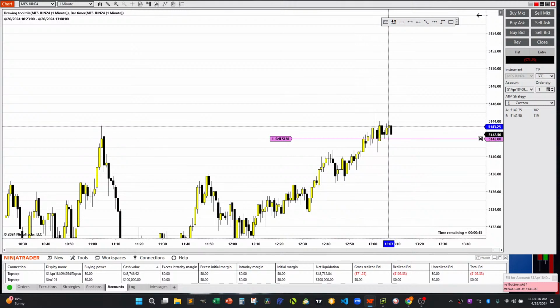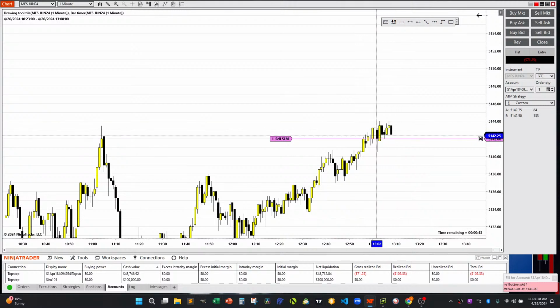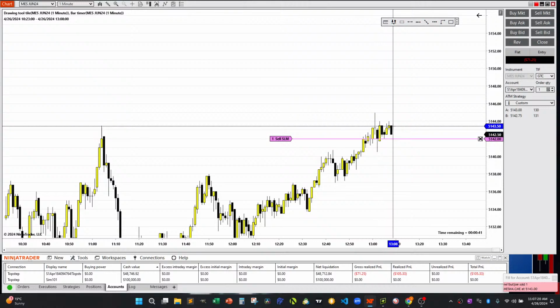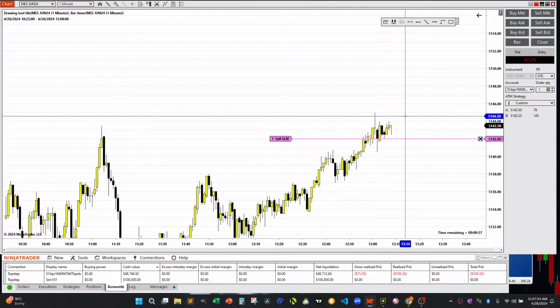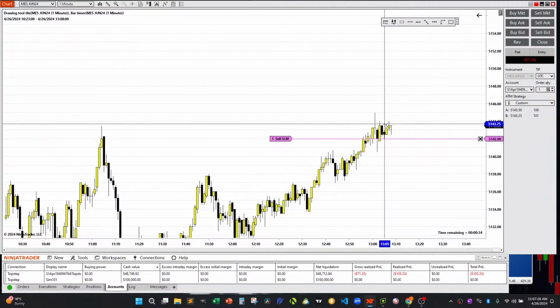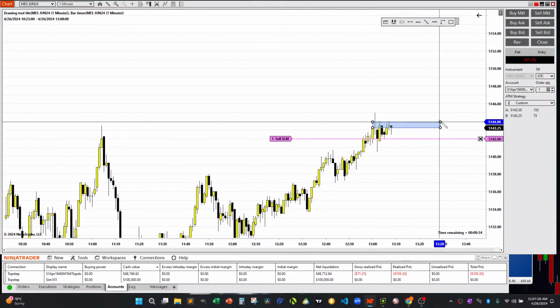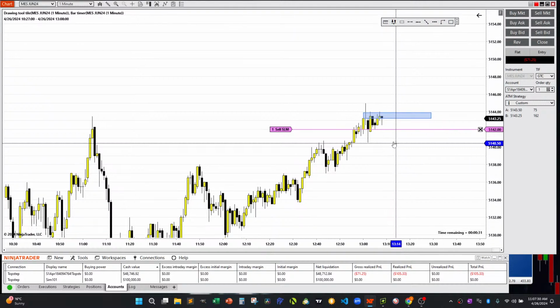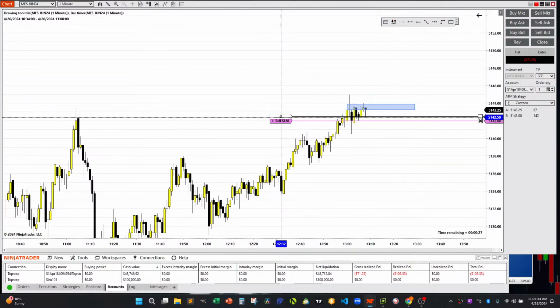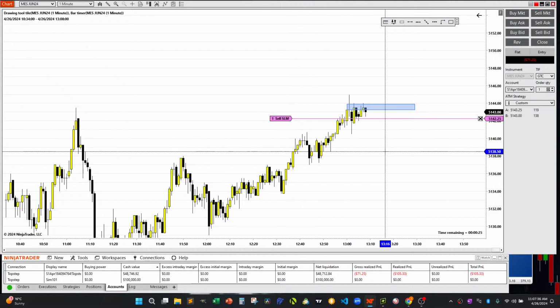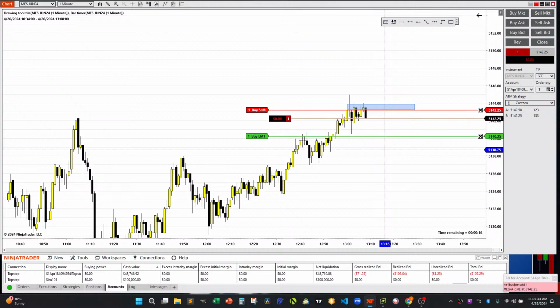Starting to see a severe slowdown right here. We have the stable trend upwards, but we have a fairly solid level here starting to form. Go one tick below that candle. It's currently forming. Order filled.